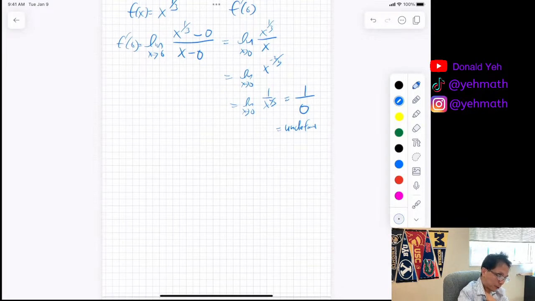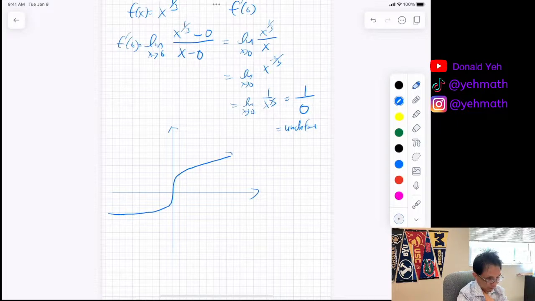So therefore, if you look at the graph, you understand why a vertical tangent is not differentiable, because this is why the graph is going to be something like this. Do you see the vertical tangent at 0? It's not differentiable there. But it's differentiable everywhere else.